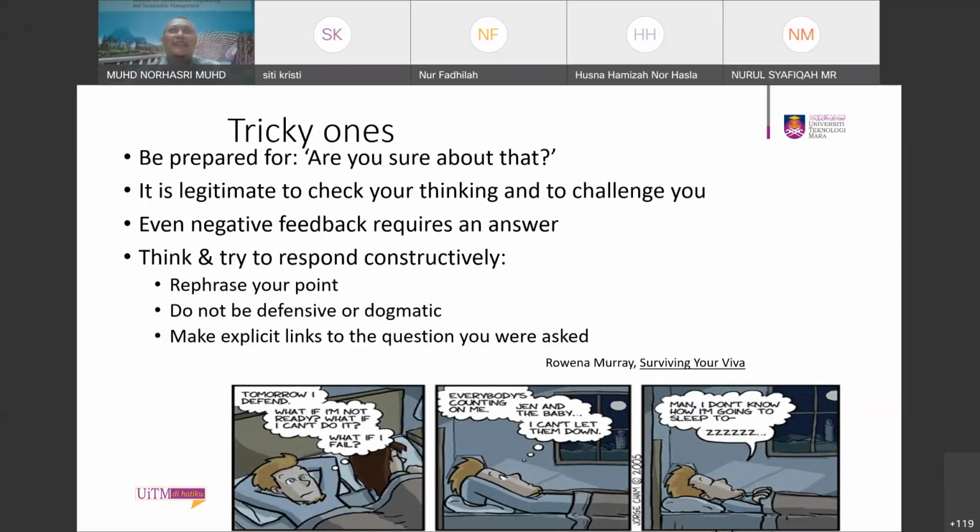If this is asked by the panels, it means there are two possibilities: either your answer is wrong, or they want to help you expand more on what you are presenting right now. So be prepared for that.